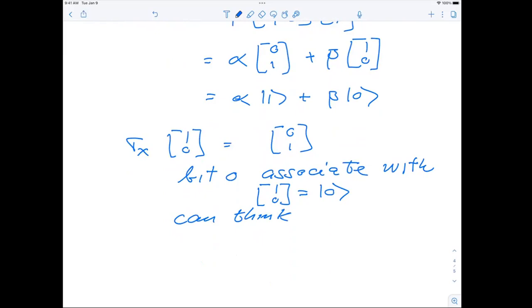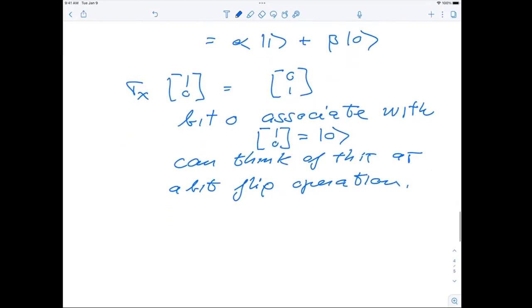Or if you don't want to think of bits, you can think of these as spinors, which represent the spin degrees of freedom of a spin half object, and this would simply be associated with a spin flip operation. Similarly, if you take sigma x and multiply it with (0, 1), which is the same as sigma x acting on 1, you have the state with 0.